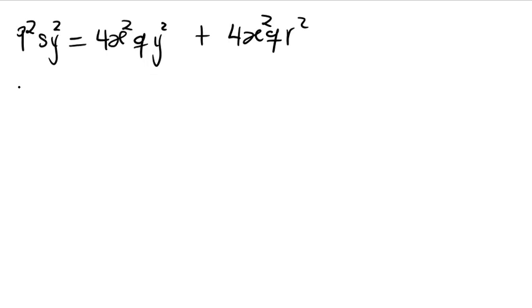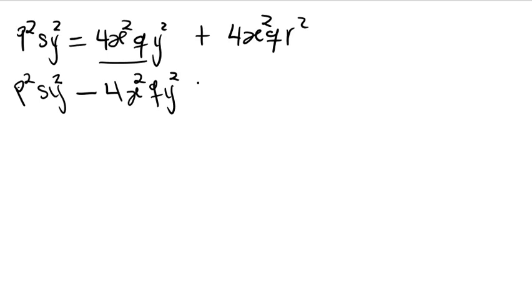So we are going to have p squared s y squared. This expression moves to the other side, so it becomes minus 4x squared q y squared being equal to 4x squared q r squared. Now we've been able to make sure that the terms having y squared are all on one side.